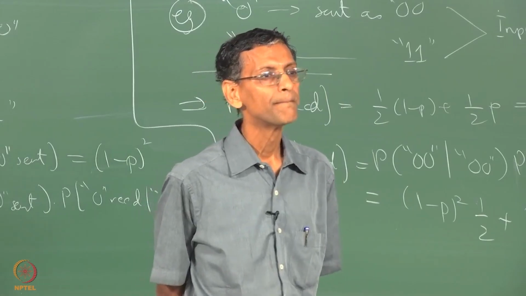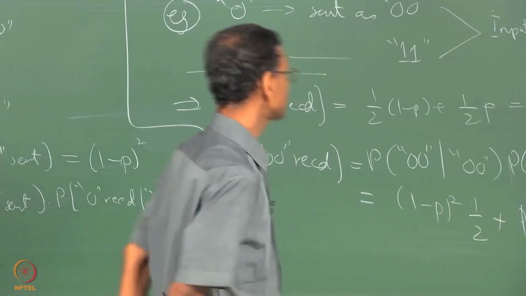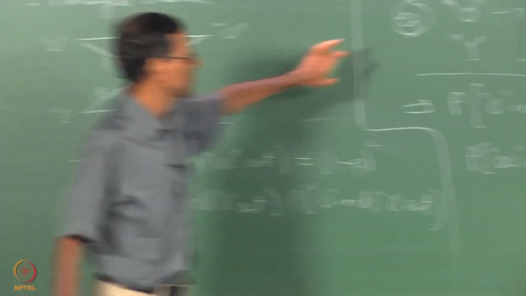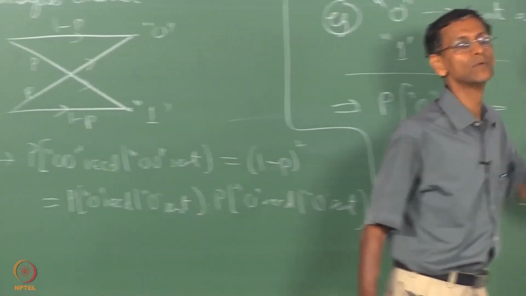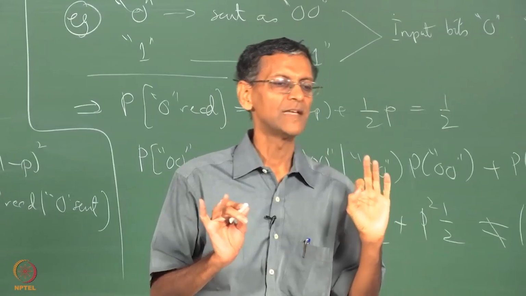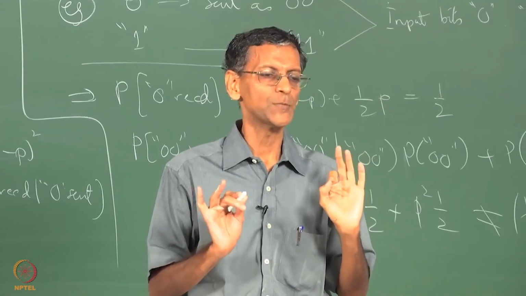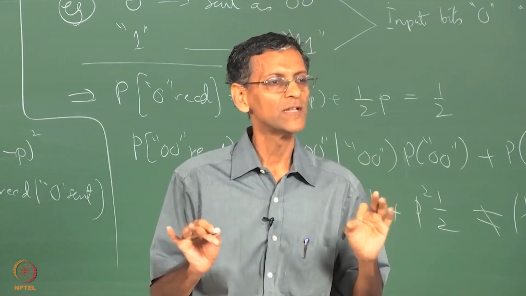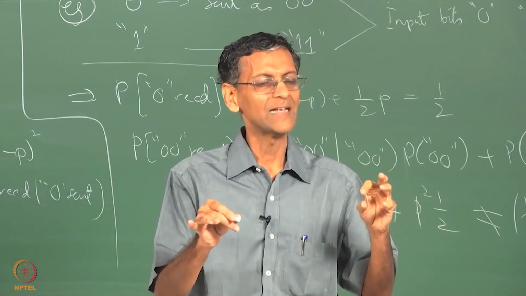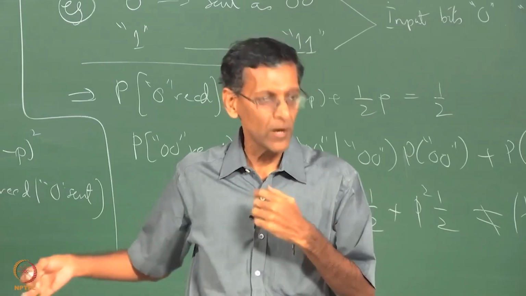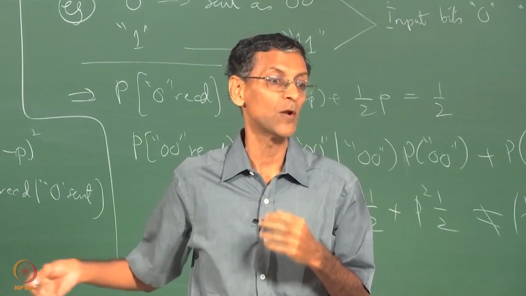Why are we not taking 0 1 and 1 0? Because I am looking at the transmission of this coded bit 0, which is coded as 0 0. The reception of that can be received as 0 0 or 1 1, but the 0 0 can also come from 1 being sent, which will be sent as 1 1.